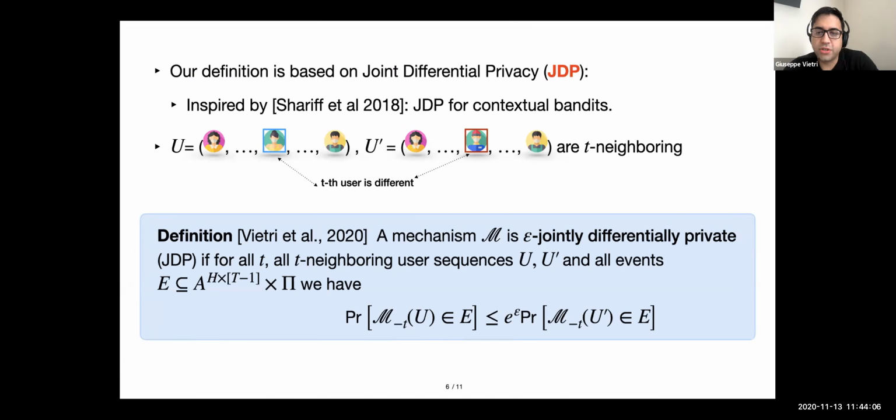This is a definition of joint differential privacy under continual observation. So the data comes in sequentially. The idea is that we want to make sure that if a user changes his data on episode T, then the behavior of the mechanism is not affected on future episodes. So should I think of this as being like JDP under continual observation? Yes. Okay.